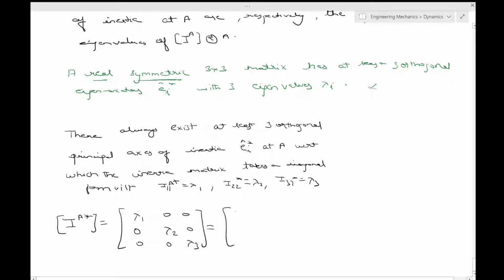Okay, and this is I11 A star, so this would be 0, I22 A star, 0, I33 A star. This is 3.15.